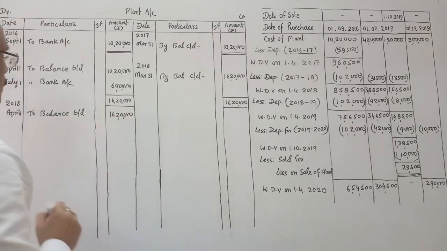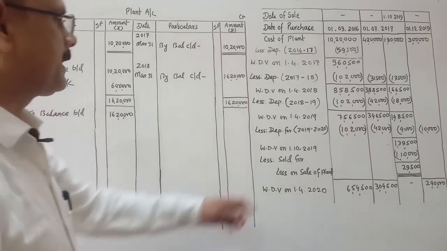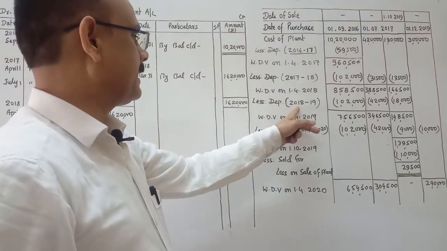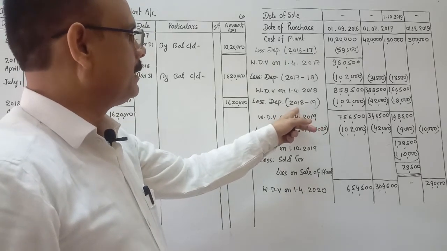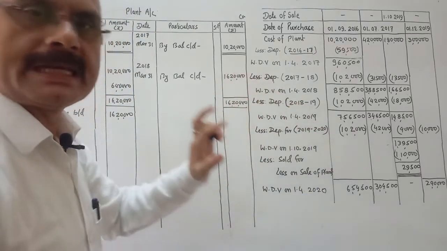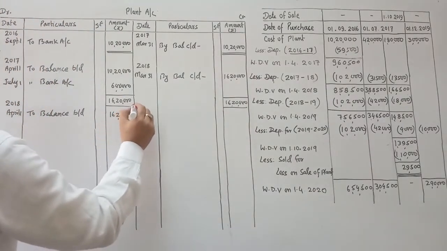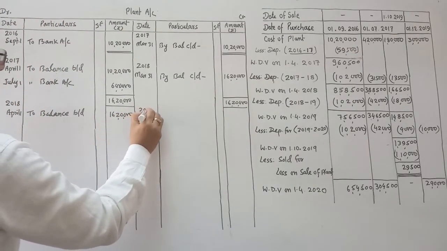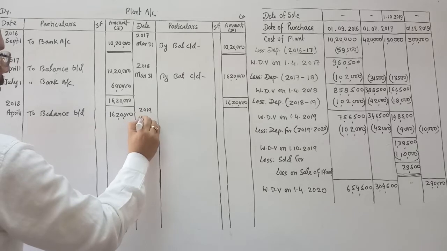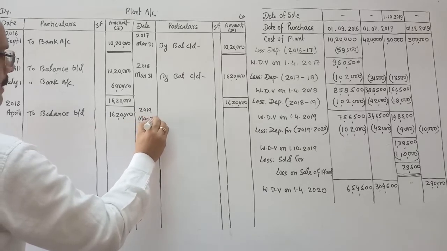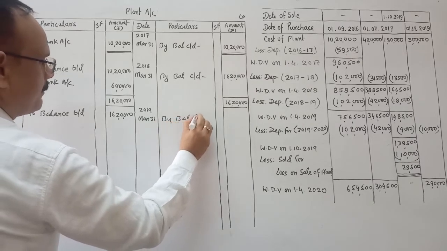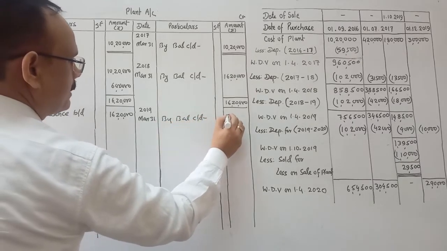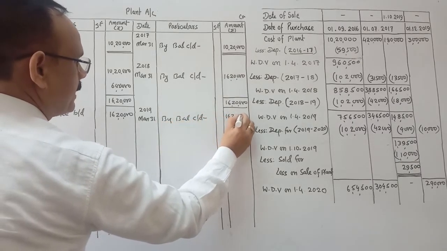Now we have entered into this financial year 2018-19. In 2018-19, no other machine was purchased. So on 2019 March 31st, by balance carried down, the same will be the balancing figure, 16,20,000.